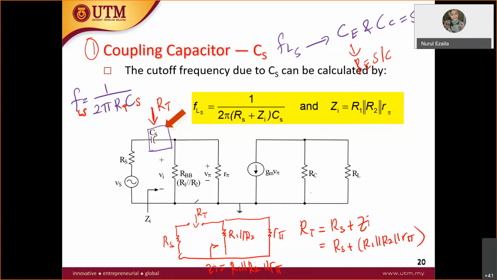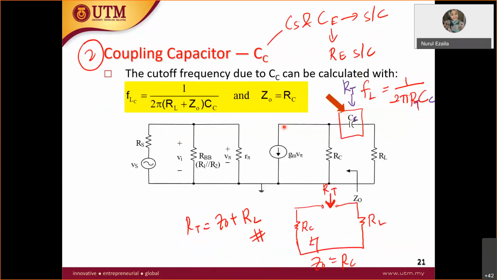Here we have R1 parallel with R2, parallel with R pi, and then in series with RS. Do not do this wrongly by mixing parallel and series; it is wrong. You must parallel these two first, and then put them in series with this one. So the frequency will be 1 over 2 pi times the total resistance and CS.